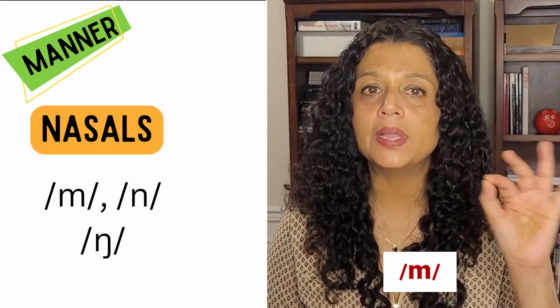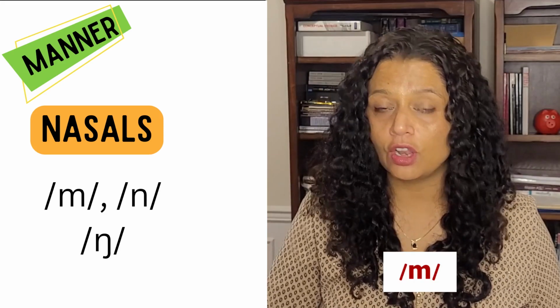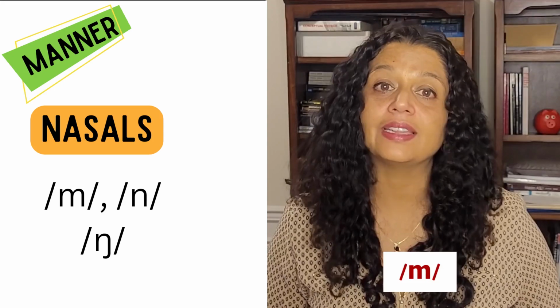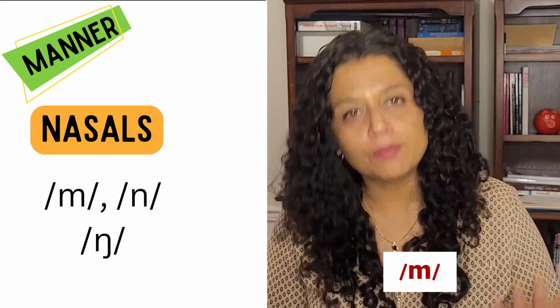It goes into our nose and comes out through our nose. The three sounds in English that are nasals are produced by closing the oral cavity and keeping the nasal cavity open. Try saying m with your nose closed. You can't, because the air cannot exit your nose to make that sound.